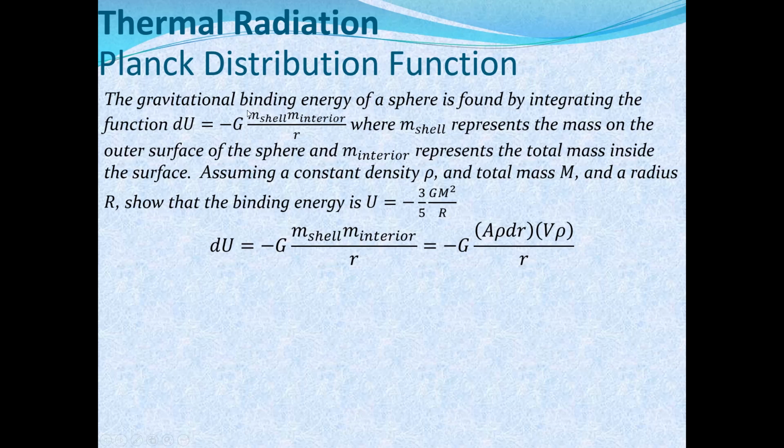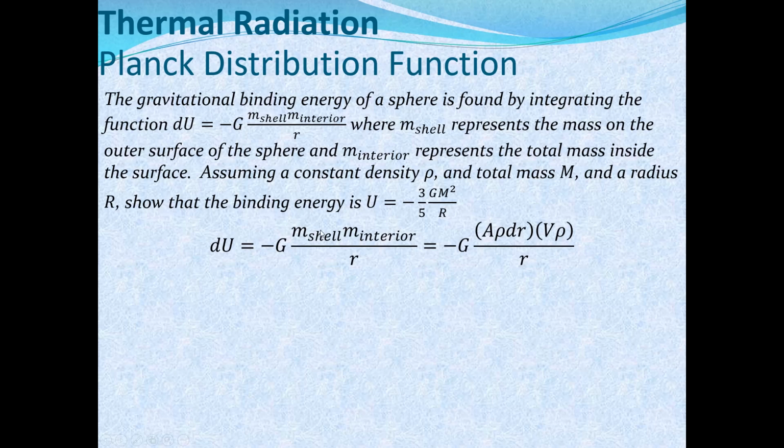The shell is essentially the mass of the very outer crust, which is going to be picked apart, and then the interior is everything else. The way they describe the binding energy is the amount of energy that would be required to pick apart a spherical object by counterbalancing the gravitational energy holding it together.